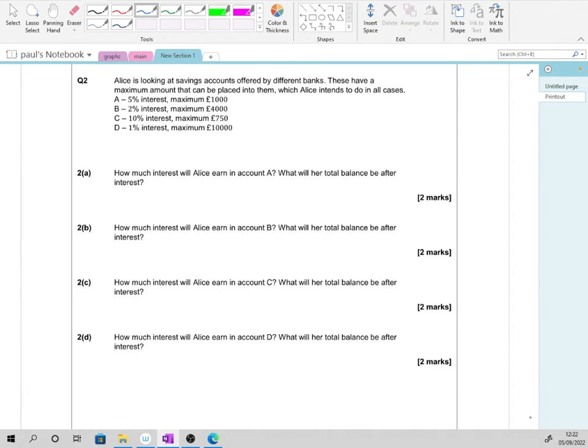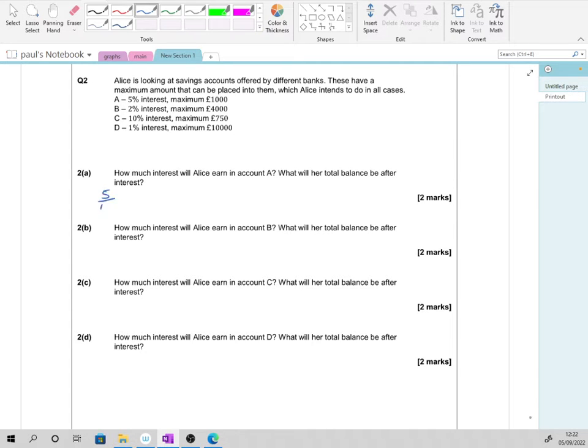Alright, I guess the next ones are going to be taken away. Well, no. Alice is looking at savings accounts offered by different banks. These banks all have a maximum amount that can be placed into them. How much interest will Alice earn in account A? What will her total balance be after the interest? So we want 5% of £1,000.